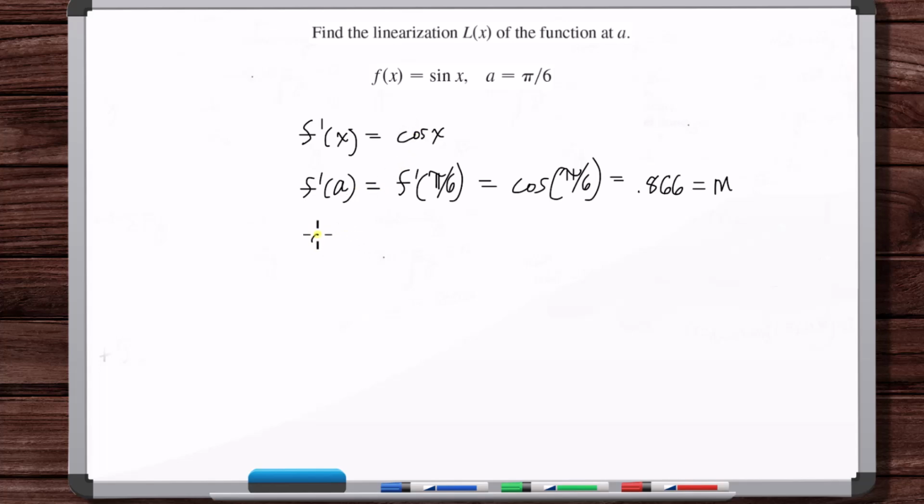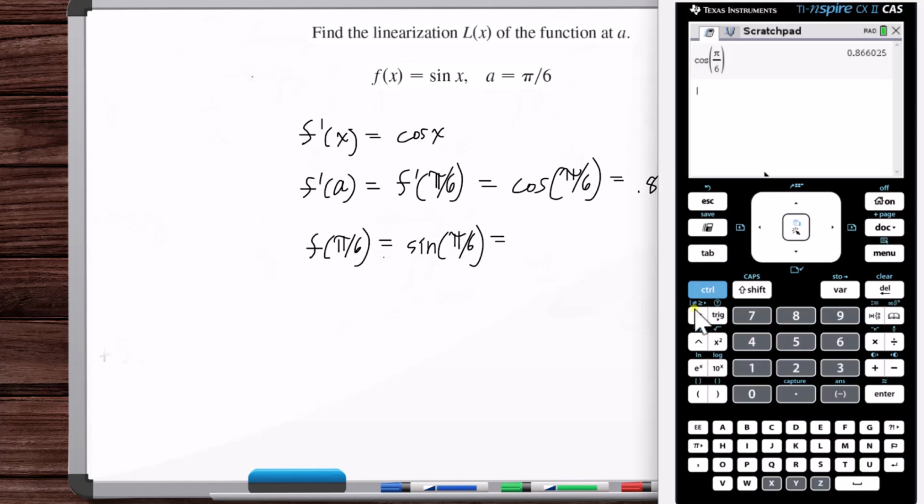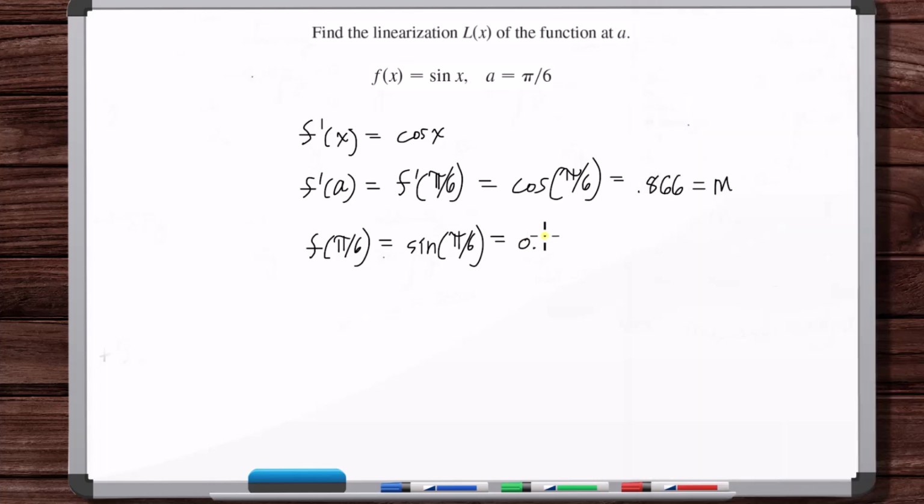So what is f of a? That's sine of pi over 6, which is 0.5. And as far as the point-slope form, this is y1.